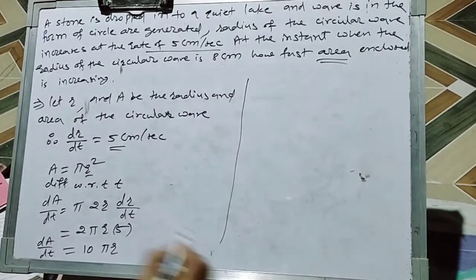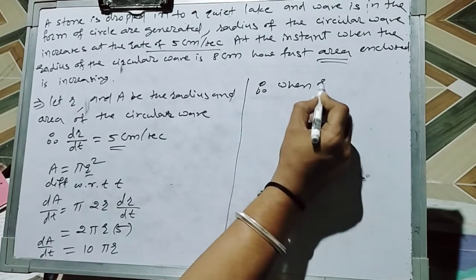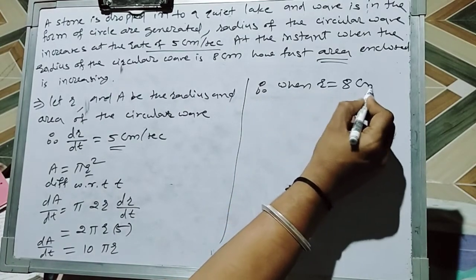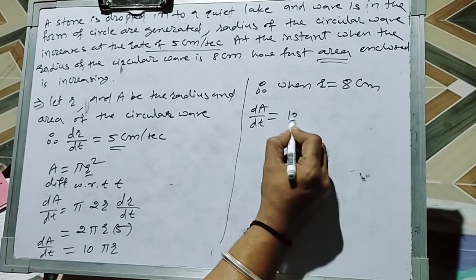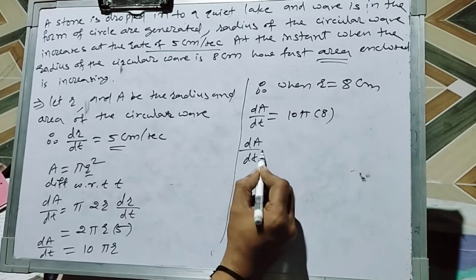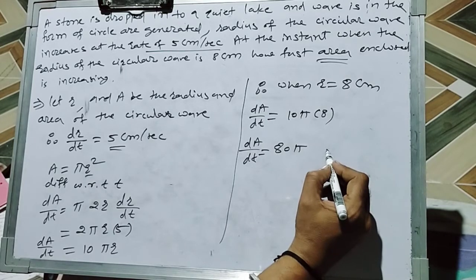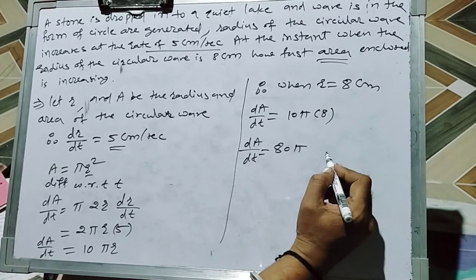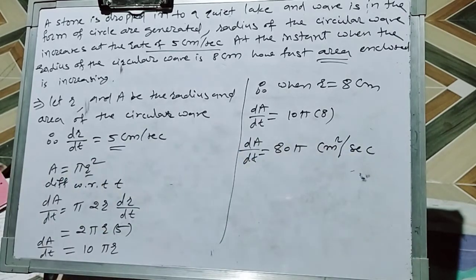Now here we have to find dA by dt whenever r is equal to 8 centimeter. So therefore, whenever r is equal to 8 centimeter, dA by dt is equal to 10 pi into 8. So dA by dt is equal to 80 pi. Here, since it is area, the unit is centimeter square per second.